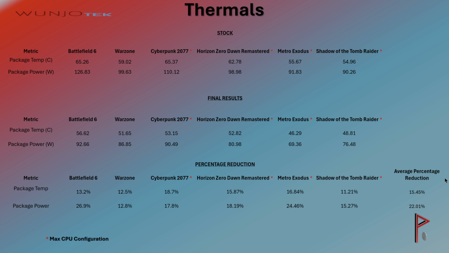And just to let you know, just because I'm focusing a little bit more on voltage and wanting to supply a consistent amount to the core, does not mean that we haven't dramatically improved these thermal results from stock. Average percentage reduction, a little over 15% in package temp, and a 22% reduction in package power for all these games.